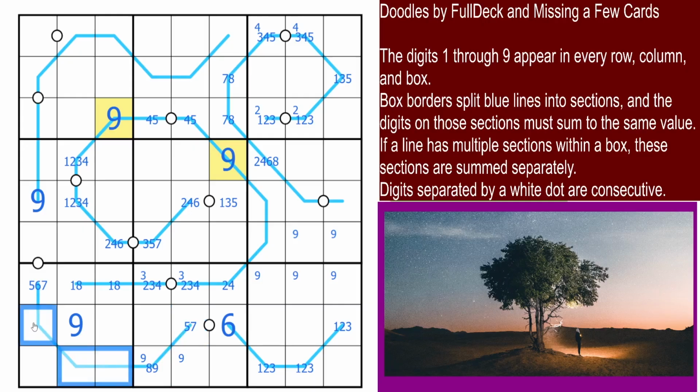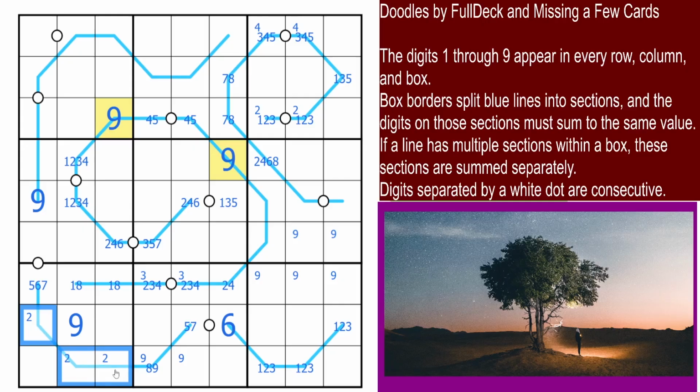If you do not have 2 here, then it will be 3, 4, 5, 6. And 3, 4, 5, 6 is 18, which is not possible, right? 3 plus 4 plus 5 plus 6, 7 plus 11, 18. So 2 must be there. At least 2 has to be there.